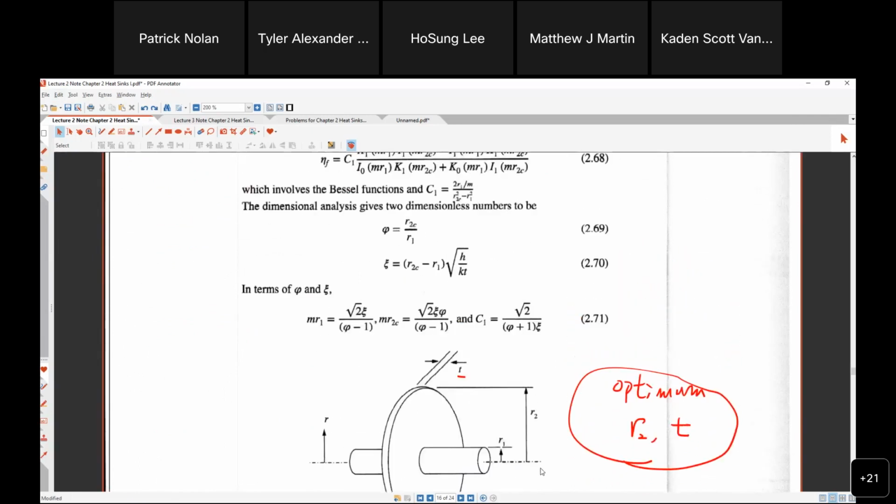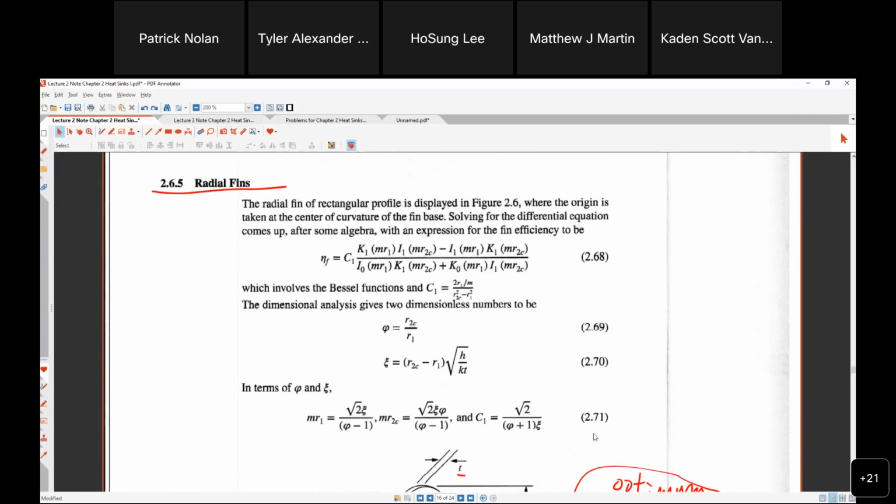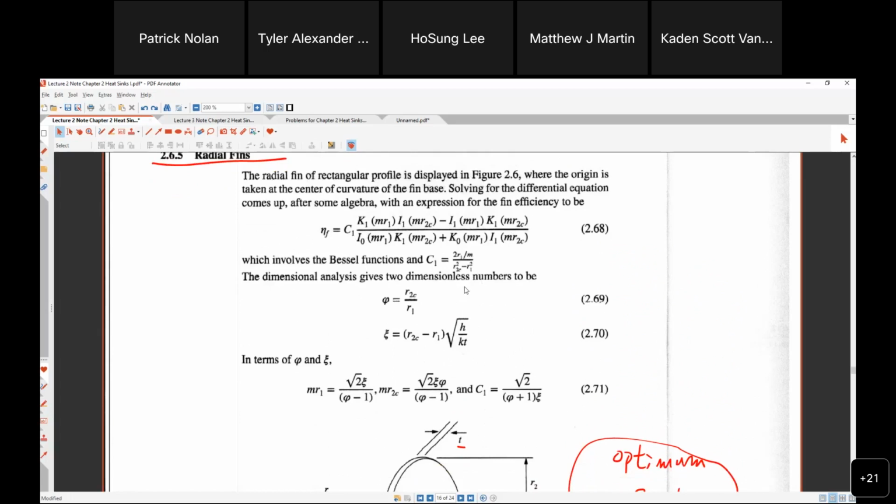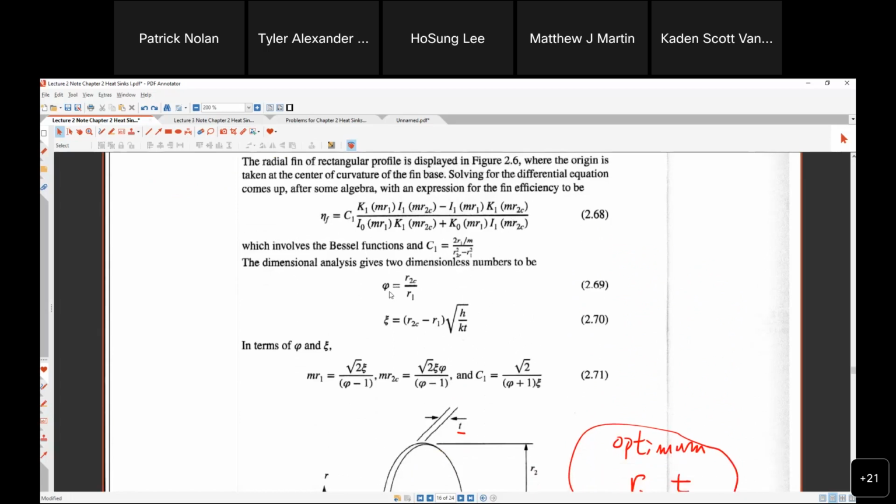But we understand the efficiency now for the radial fin, everybody, right? No matter the Bessel function, it doesn't matter. We have equation 268, and then we define phi as a ratio.